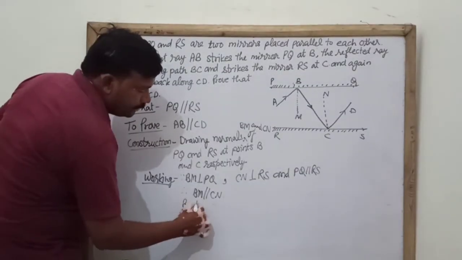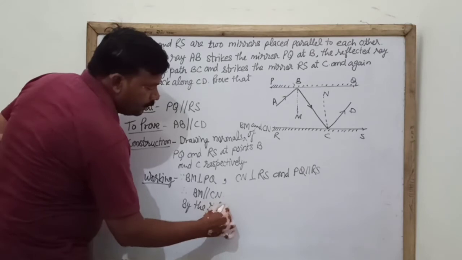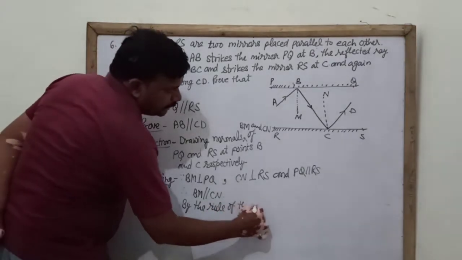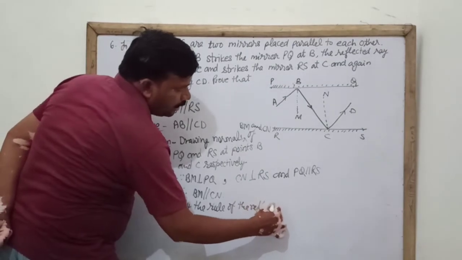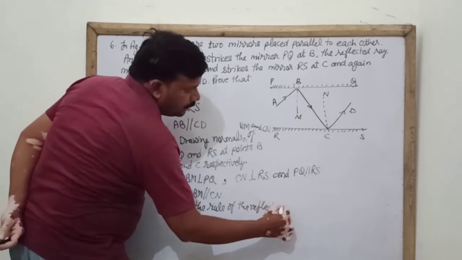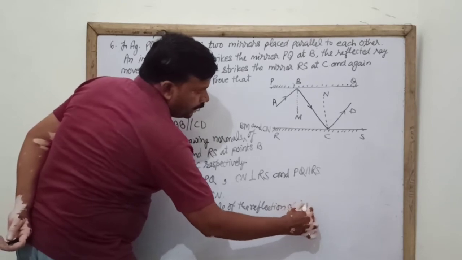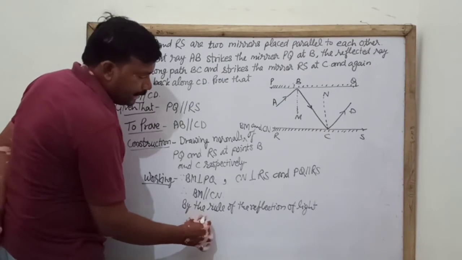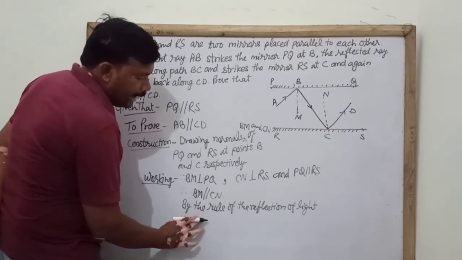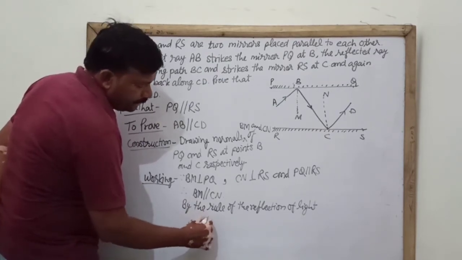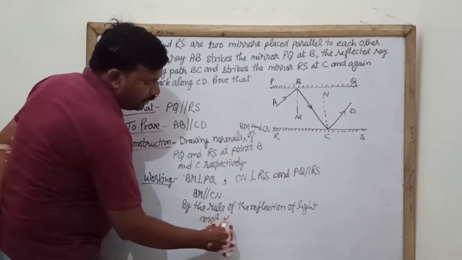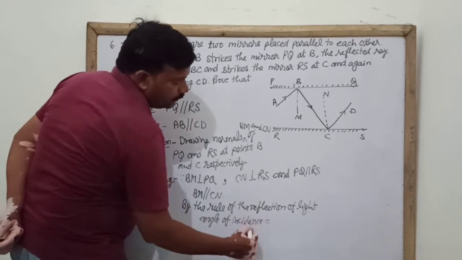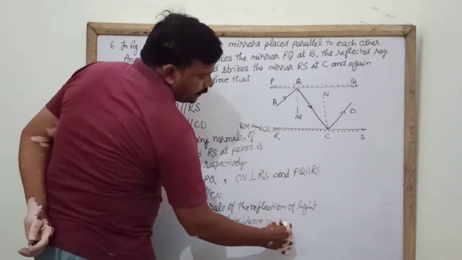By the rule of the reflection of light, it is said that the angle of incidence is equal to the angle of reflection.